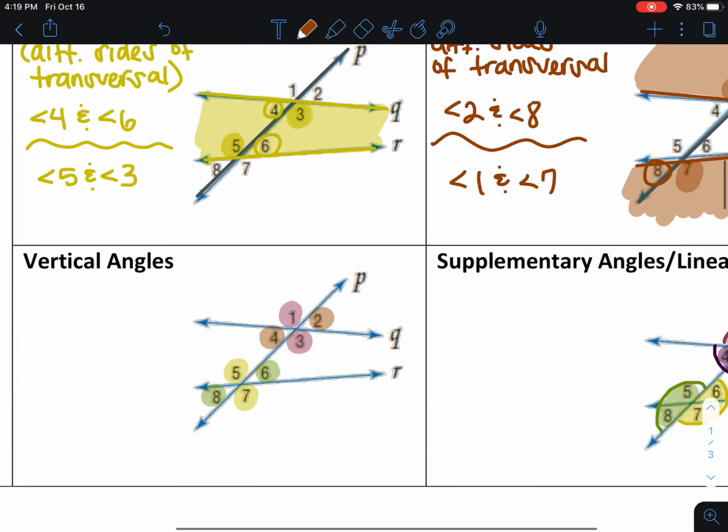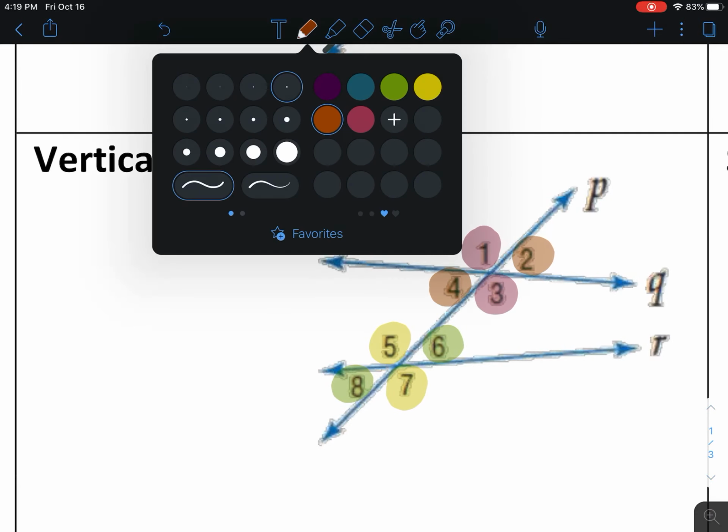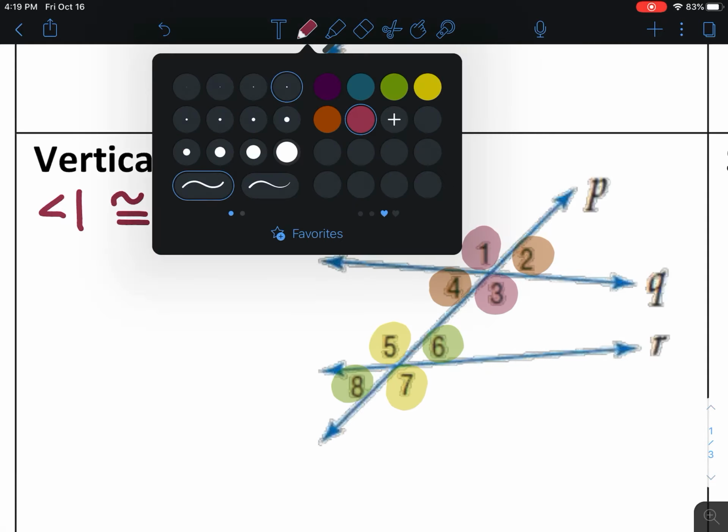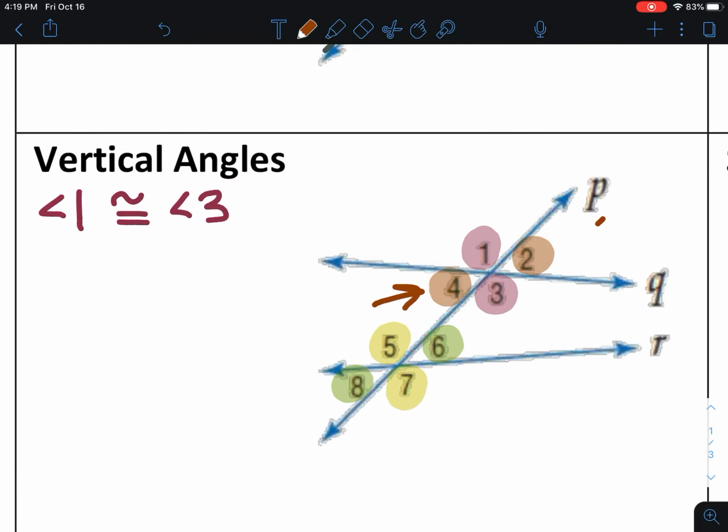Okay. Now we have vertical angles. You guys already know what this is, so don't get brand new on me. You can see right here, this makes an X, and on one side of the X we have 1, on the other side of the X we have a 3. Those are vertical angles. So vertical angles would be angle 1 and angle 3. And you already know that vertical angles are equal to each other. They're congruent. So here we have 4 and 2.